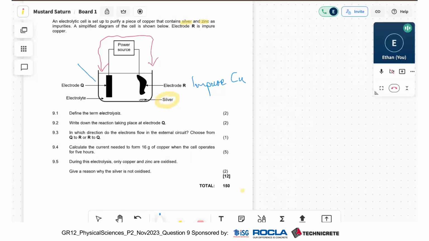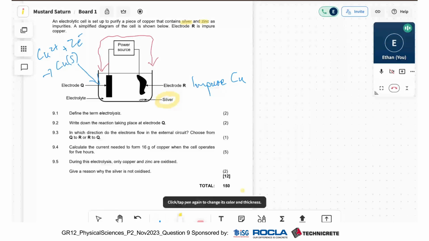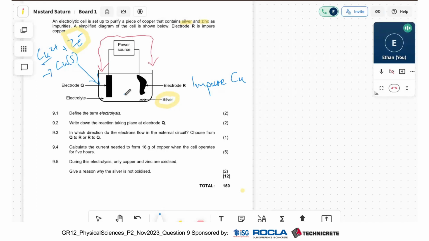So at Q, here we have copper 2 plus plus 2 electrons going to copper solid. The key thing here is, where do these electrons come from? Because the copper 2 plus comes from solution, but the electrons have to come from the external circuit. So that's the first clue, that the electrons are probably flowing from R to Q. R to Q.